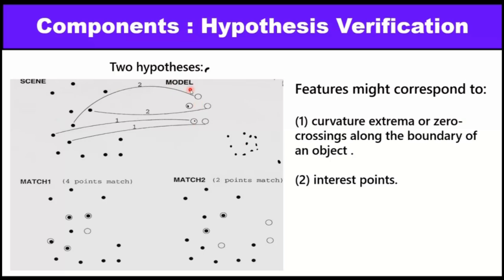Then in model images, we are having various images. So match 1, match 2. The first image is having 4 points, the second image is having 2 points. So you declare match 1. In the database, even if the object is one, we are having multiple images. So which image correctly matches? That is also very important.